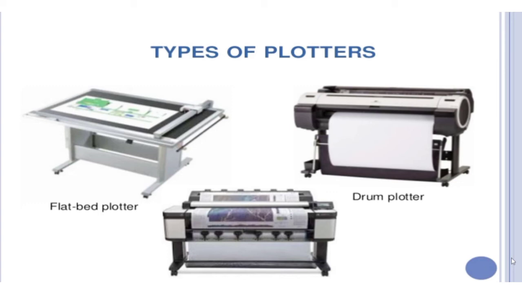The pens are kept in the holder, which can move left to right as well as right to left. The graphic plotting program controls the movement of the pen and drum.